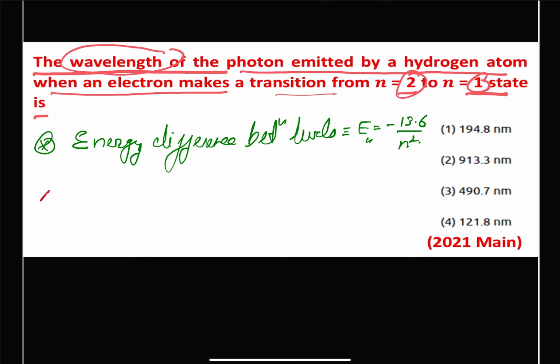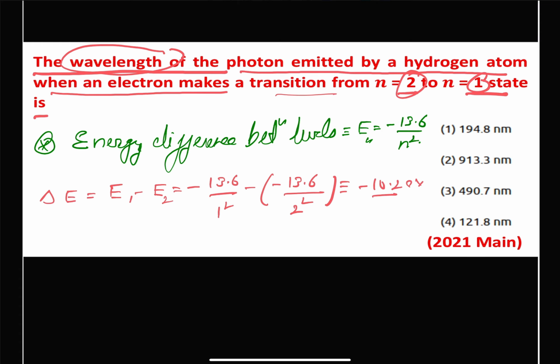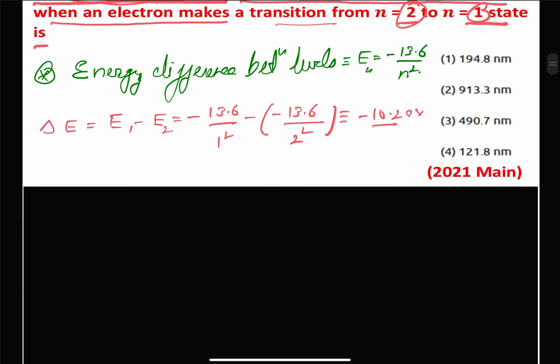So we can say our energy difference delta E is equal to our E1 minus E2, and we can take this as minus 13.6 upon 1 square minus, minus 13.6 upon 2 square. So this energy difference will be coming as minus 10.2 electron volt, but we are only interested in the magnitude.